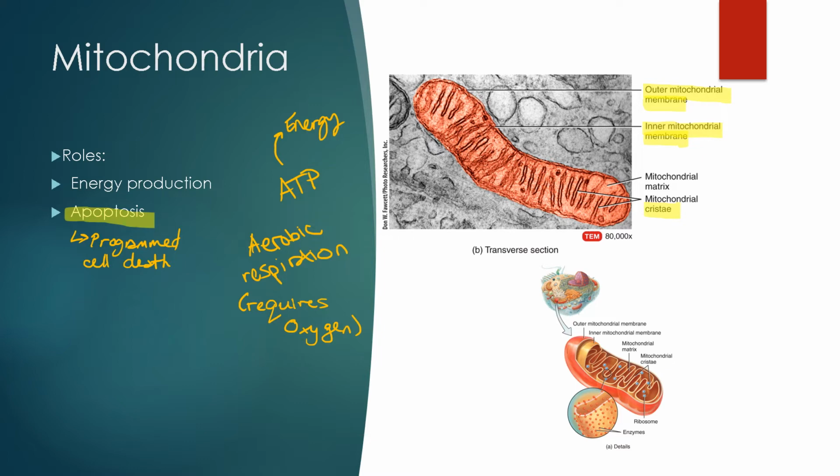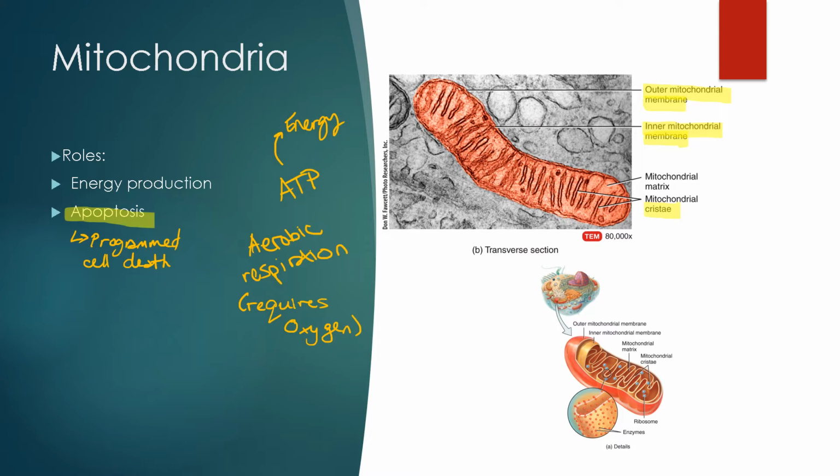It could be destructive free radicals, damage to DNA within the cell, or a lack of oxygen and nutrients, and all these reasons would result in certain chemicals being released from the mitochondria, and this creates a pore in the outer mitochondrial membrane.